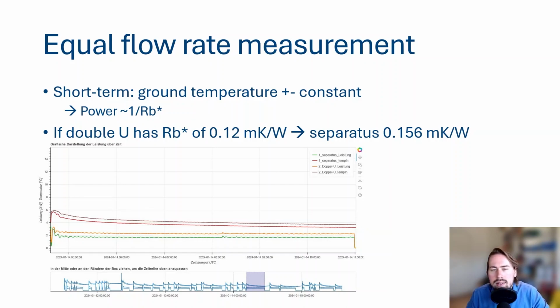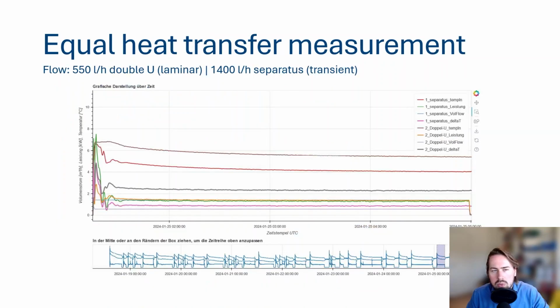So that's why the second measurement, which is called the equal heat transfer measurement, is where we fine-tuned the flow rate in such a way that both the GHEtool power and the one from Separatus coincide. They are almost exactly the same.